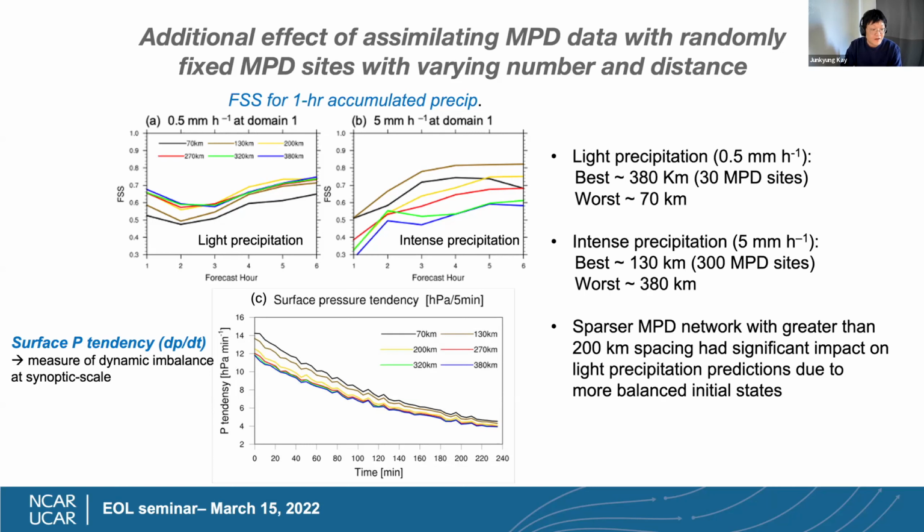This imbalance caused the lowest skill score of the 70 kilometer spacing. So the sparse MPD network with spacing greater than 200 kilometer had a significant impact on light precipitation prediction due to a more balanced initial condition.